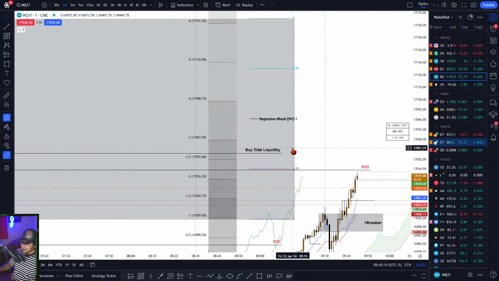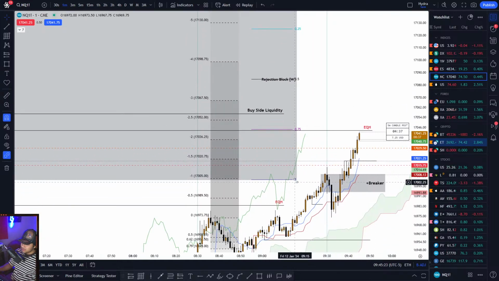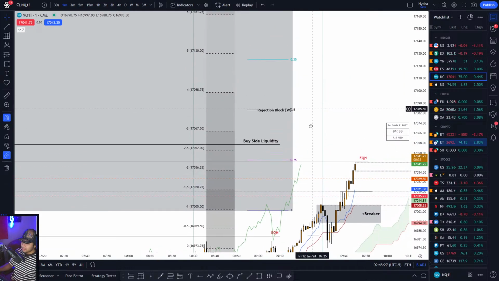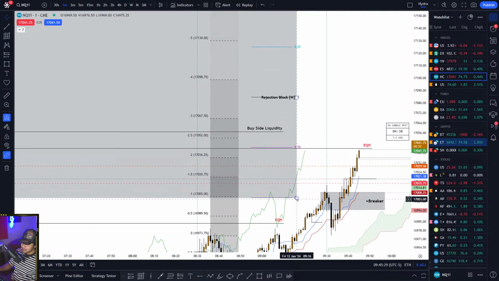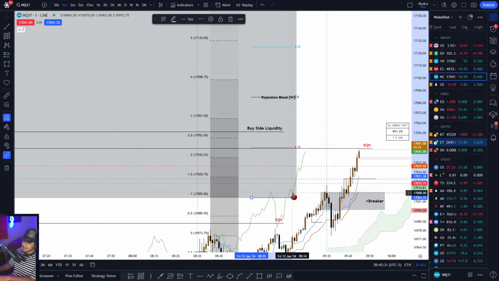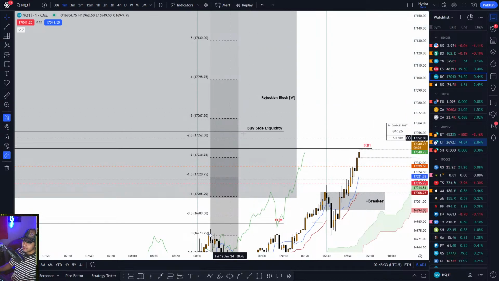So it's just the same. I know, if price is coming back up, hitting this weekly rejection block, as it's a higher time frame rejection block, price will be sensitive at the lower quadrant, midway, and the upper quadrant. Makes sense? So it just tells the same thing as we have here.